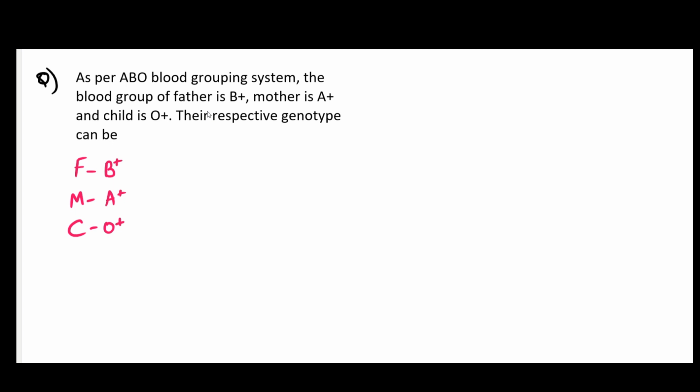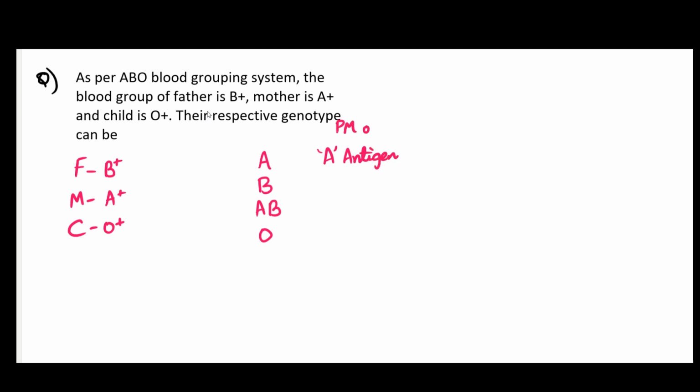We know that in the ABO blood grouping system, there are basically four blood groups. A person can be of A blood group type, or B blood group, AB blood group, or O blood group. A person with A blood group has A antigen on the surface of RBC.